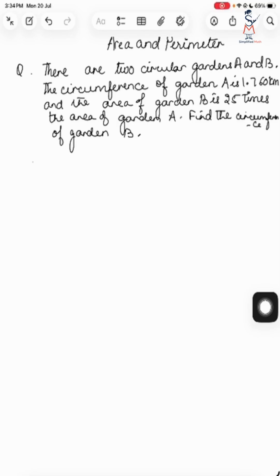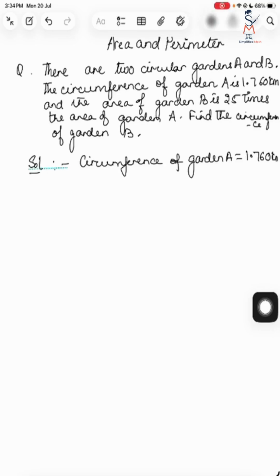What is given to us? The circumference of garden A, that is 1.760 kilometer.